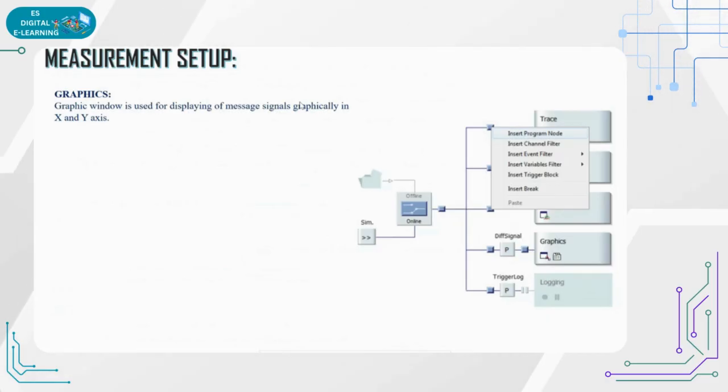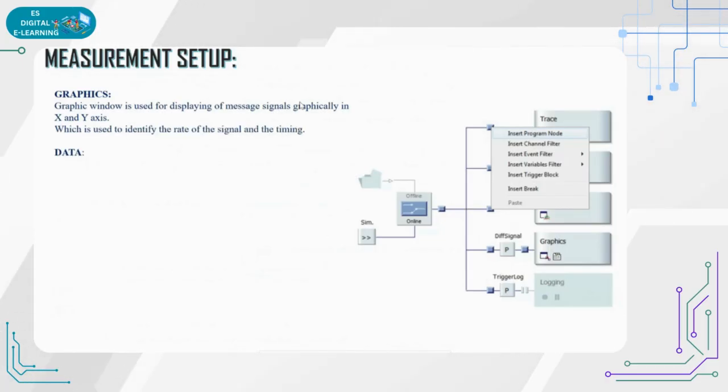With the help of that, we are able to read and understand the signal value and the timing, how signals are sent to the ECUs, and how you are able to grab the signal values, the triggering time, in milliseconds or microseconds. So it is able to access the values on the network with the help of the graphical window.